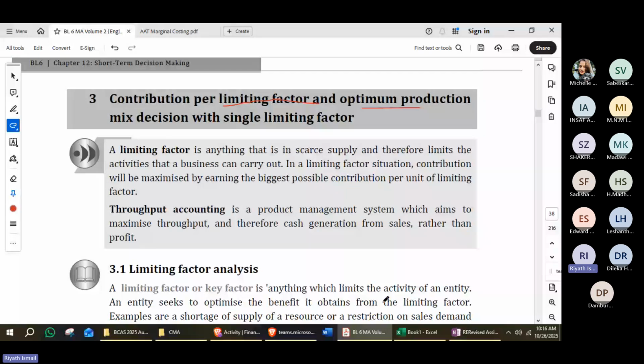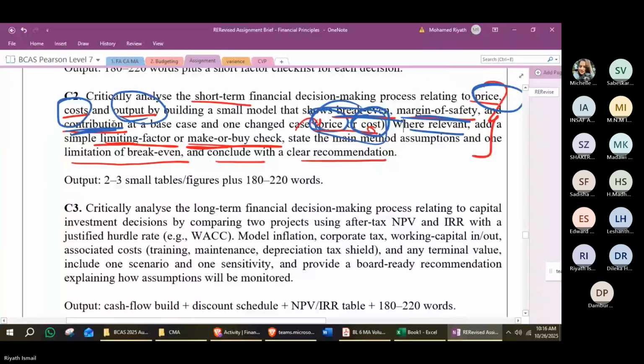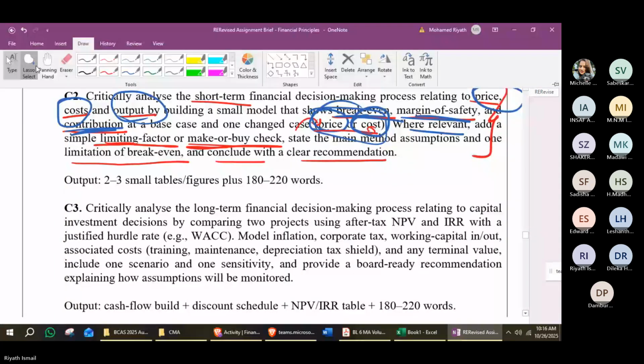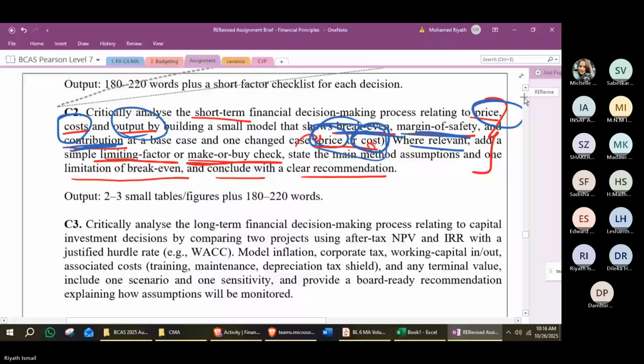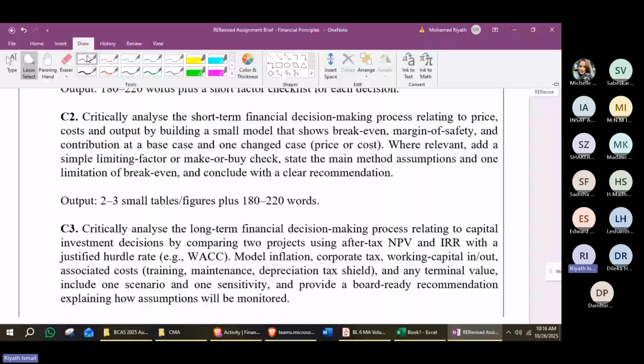In your assignment, it's also talking about limiting factor analysis and make or buy decisions.